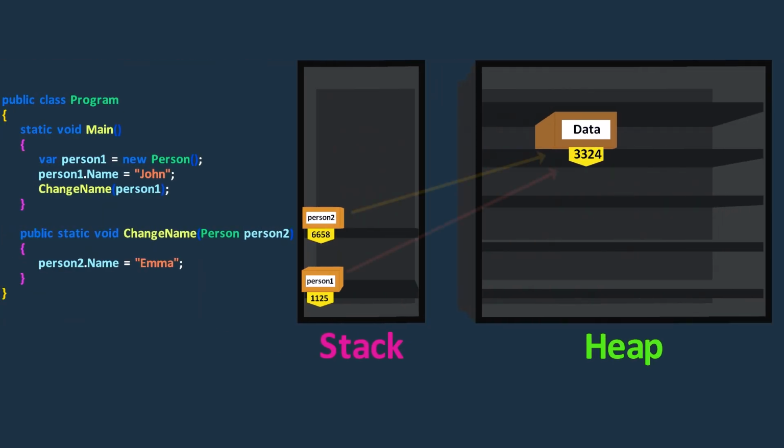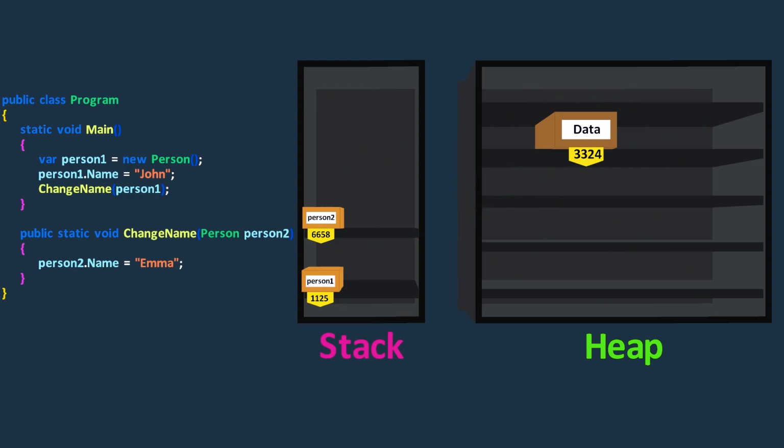On the other hand, if the parameter is a reference type, a copy of the memory location of the data is stored in the new variable. This variable and the argument variable both point to the same data, so changes in one variable affect the other.